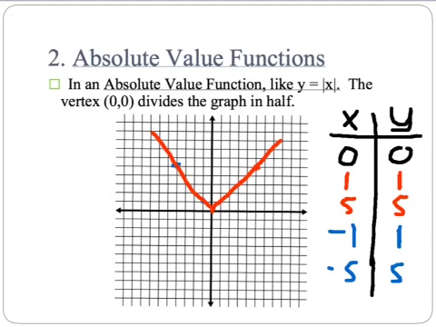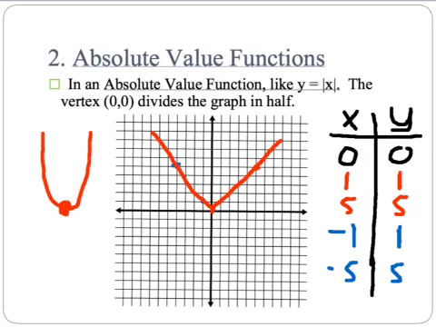We know vertexes from when we've dealt with quadratics. If I had a parabola like this, we know the vertex is here. Well, that's no different with the absolute value. It's where it changes direction. The graph is decreasing here, and then at the vertex it switches and begins increasing.